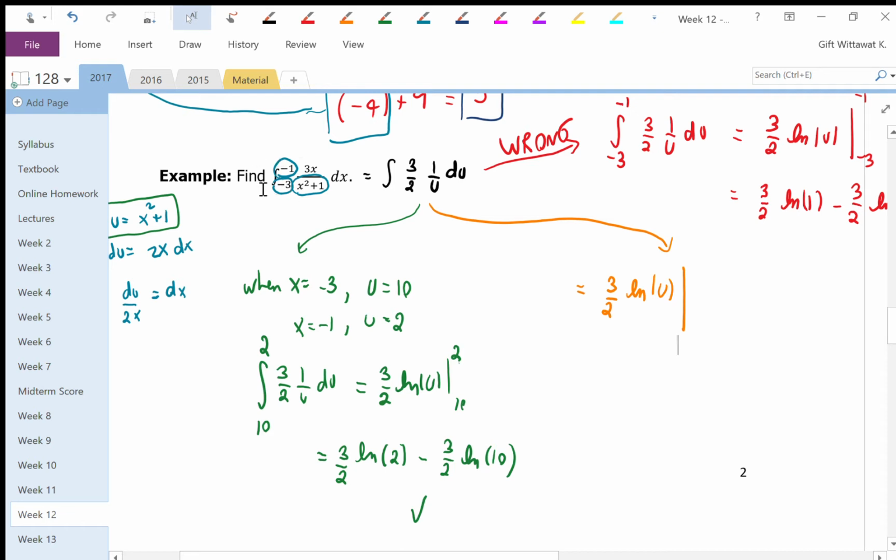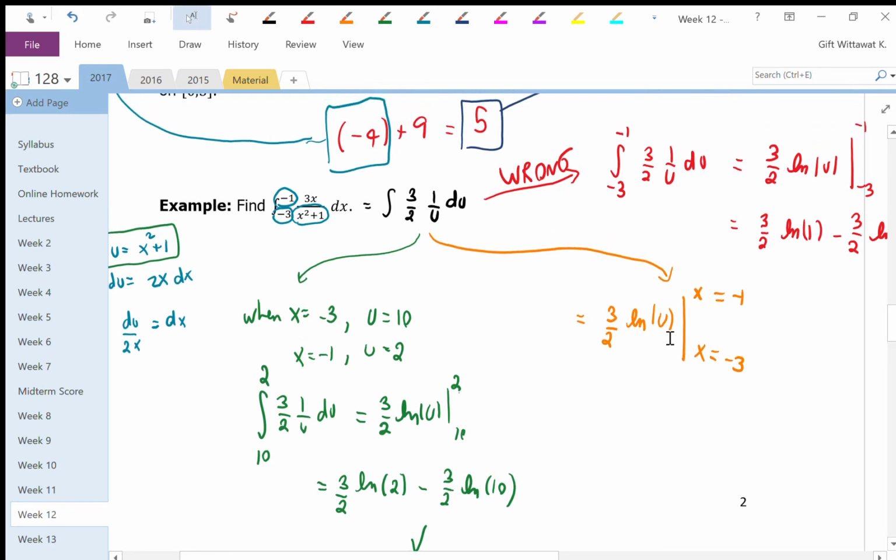So I'm just going to say that it goes from when x equals -3 to x equals -1. So instead of computing the value of u, I'm going to leave the x as is, and I'm going to substitute the x back later.